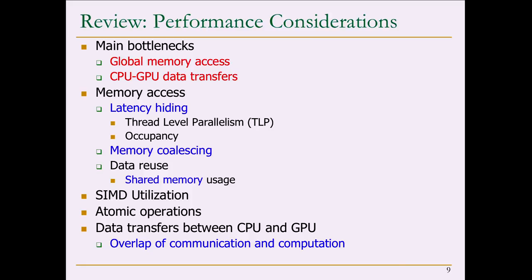Caches in GPUs are not as powerful as in CPUs, so it is good for the programmer to be able to manage, to handle the shared memory for data reuse.